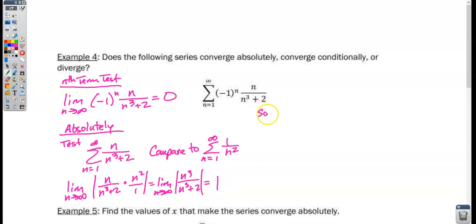So, by limit comparison test, these two series share convergence.